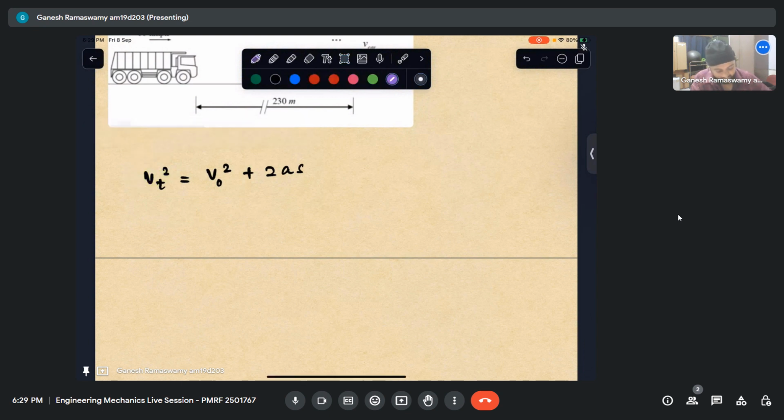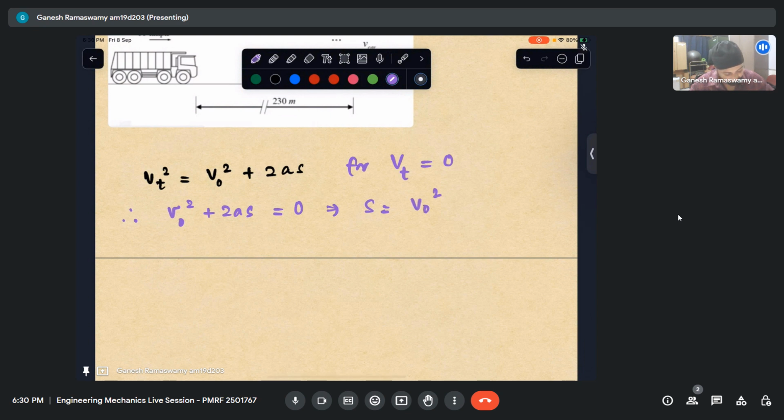Now for velocity at time t, essentially when the time taken to stop the truck, vt is nothing but 0. So therefore v naught squared plus 2as is nothing but 0. Therefore s is nothing but v naught squared by 2a.